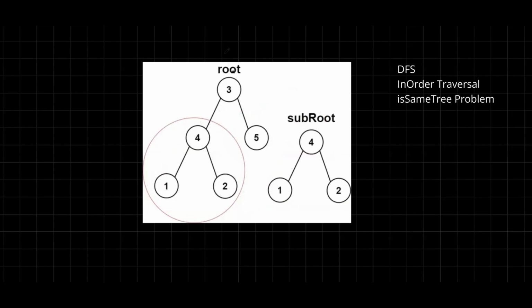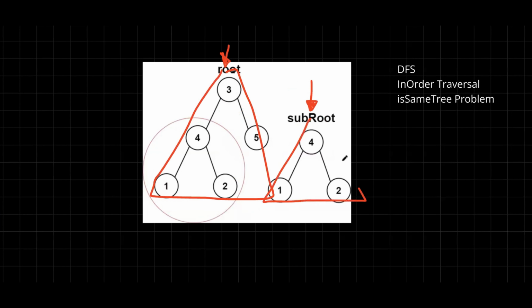Here, at first, we have to run a DFS from the root node and from the subtree. Here, we have to determine whether this root or this tree is exactly the same as this tree or not.